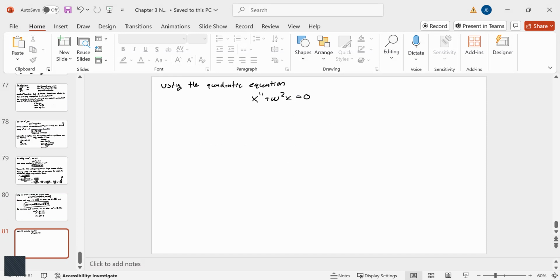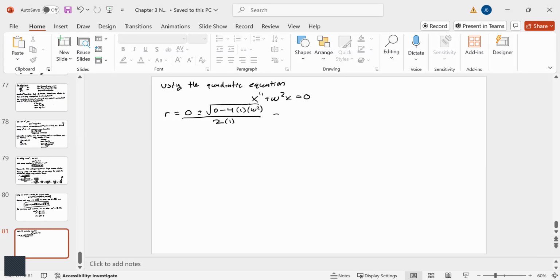We say, okay, r is equal to 0 plus or minus the square root of 0 minus 4 times 1 times omega squared all over 2 times 1.